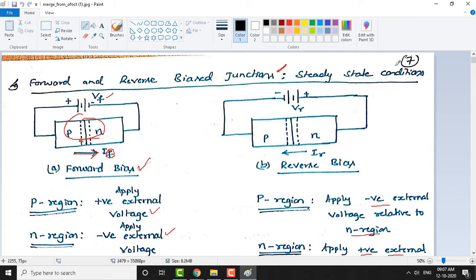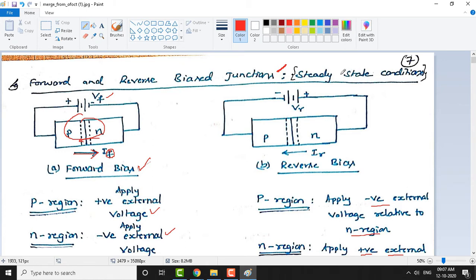Do you remember what other conditions we have apart from steady state conditions? Any idea? This is a steady state condition. What other conditions do we have when we analyze semiconductor devices? One is steady state conditions.